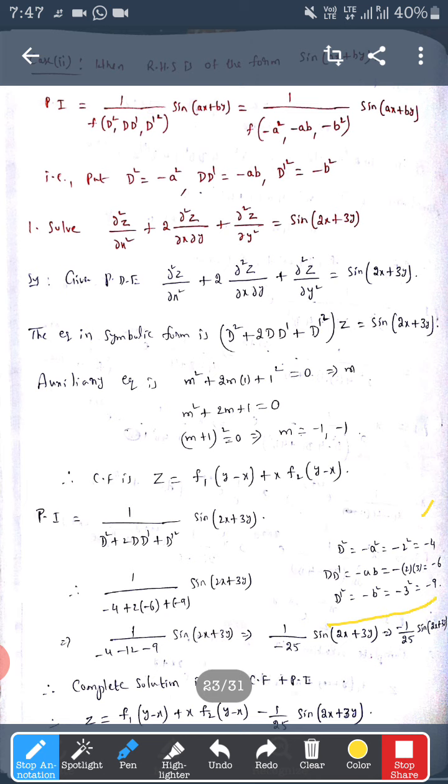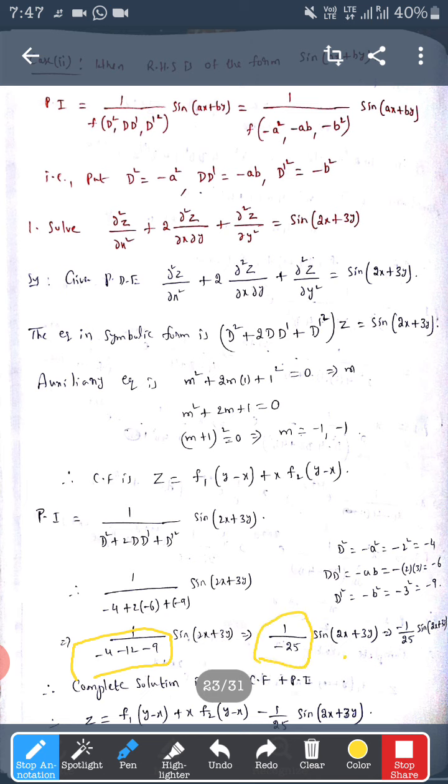In place of D'², minus b², that means minus 3², which is minus 9. So if you simplify, minus 4, minus 12, minus 9, this becomes minus 25.